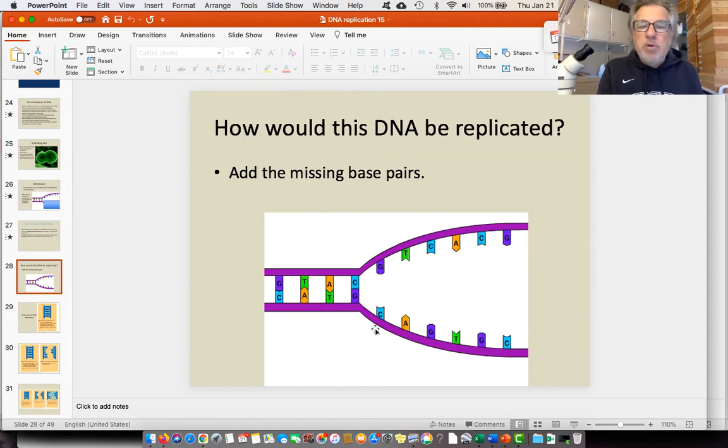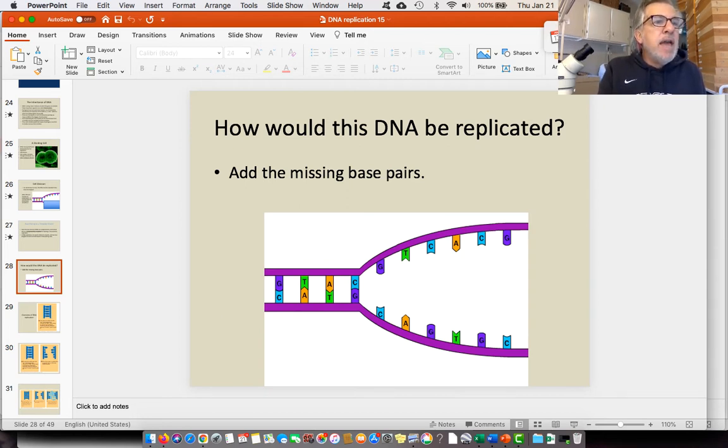Well, the overview is that the original DNA gets pulled apart, and then the complementary side is built by enzymes using the information on the old strand to form the complementary strand via the rule: if it's a G, you put a C opposite. If it's a T, you put an A opposite. If it's a C, you put a G opposite, etc., etc.